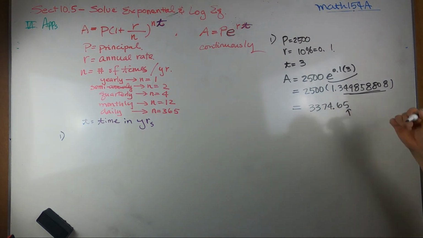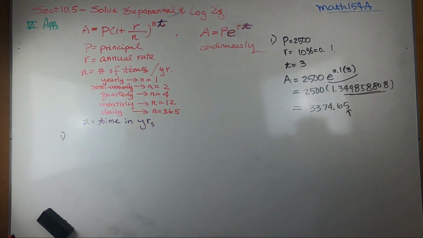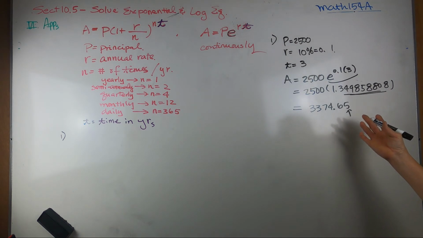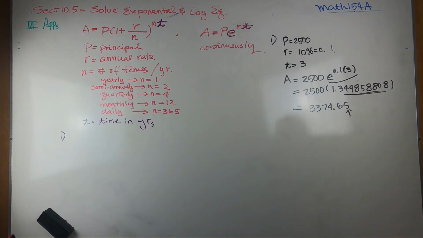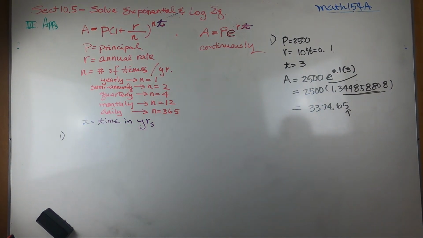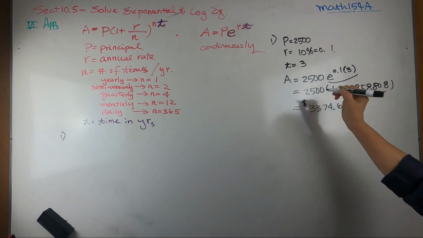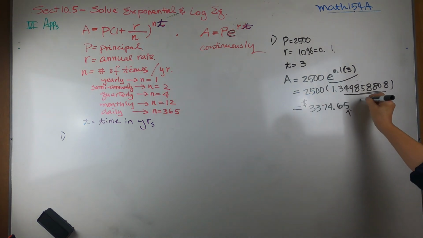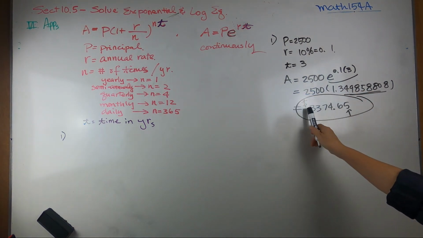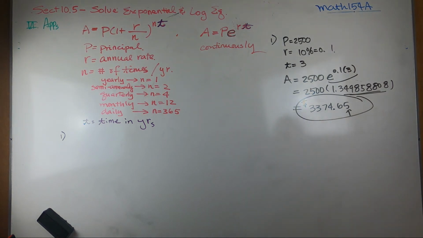Where do you round it to? For money, you always round it to the penny. Then you have to tell me what kind of things we are talking about. Are we talking about square footage, or money, or goats, right? We are talking about money. So you need to tell me what you are working with, so put your unit of measurement.